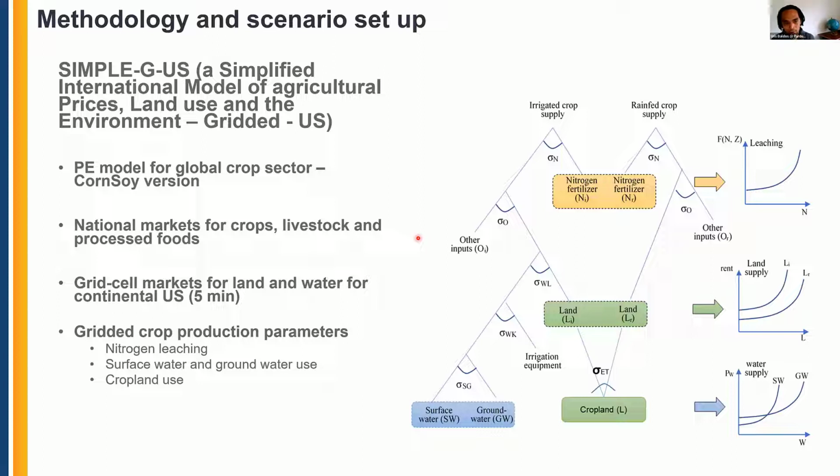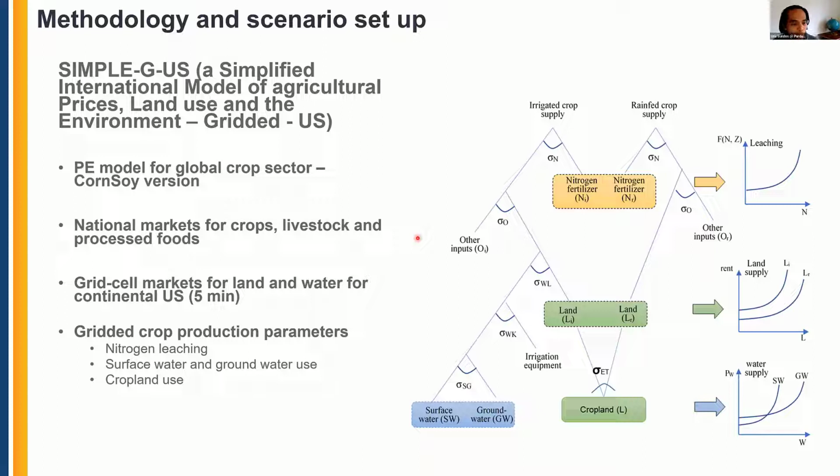Each of these grid cells has a defined crop supply for irrigated and rain-fed systems, defined nitrogen use and nitrogen leaching curves, water use, as well as land use in terms of cropland use. For this version, we're using the corn-soy version, so we're just looking at production in the US for corn and soy crops. We're combining these two together to have one composite crop that's going to be produced in the model.